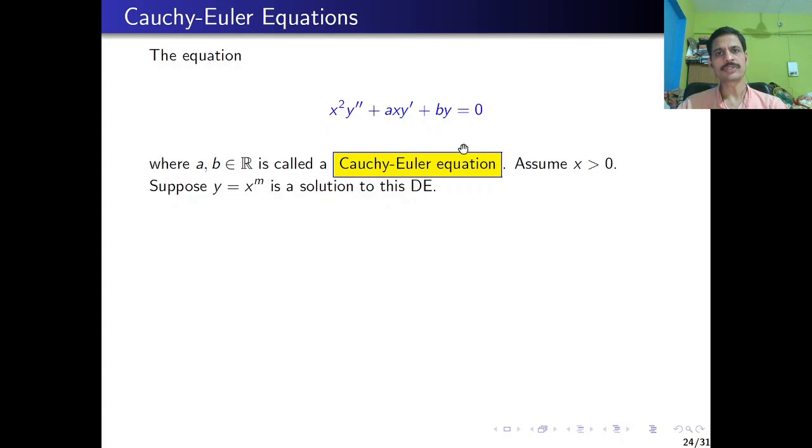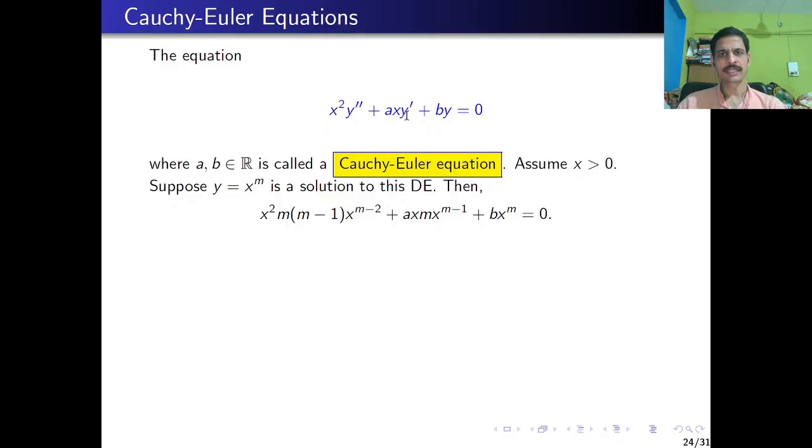To find a solution of this kind of differential equation, we substitute y is equal to x raised to m. When we take the double derivative of x raised to m, we get m into m minus 1 times x raised to m minus 2, that we put here.